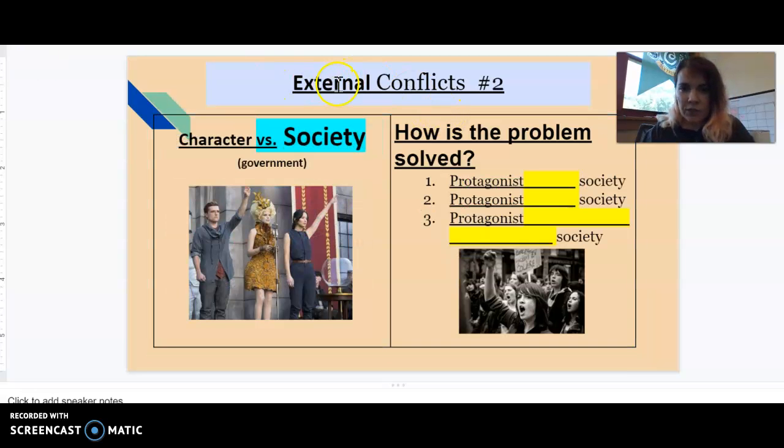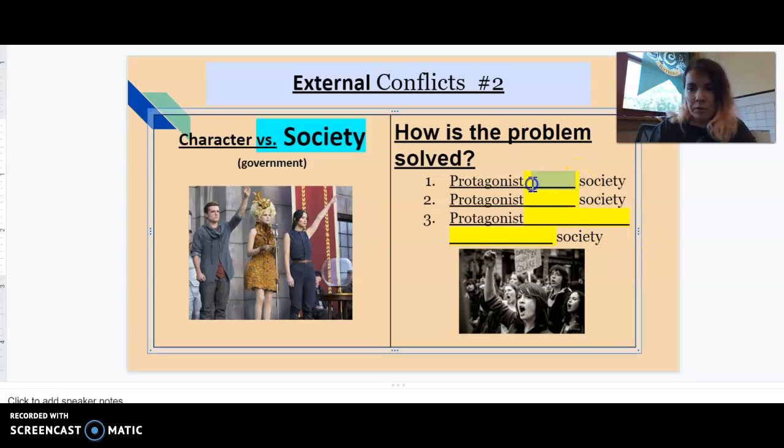The next external, outside conflict is character versus society, which means government. So, what are the common ways that this type of problem is solved in literature, in movies, and real life? The first most common way that this type of story ends is that the protagonist, the main character, changes the society.